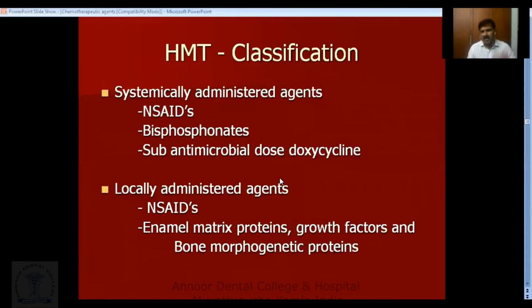Now, this can be classified as systemically administered agents and locally administered agents. Locally administered agents are applied on the root surface or on the tissue during surgery. Systemically, you usually give it orally. Among systemic agents, the most commonly used are NSAIDs, that is non-steroidal anti-inflammatory drugs, bisphosphonates, and sub-antimicrobial dose doxycycline.